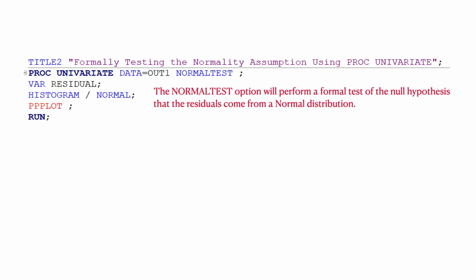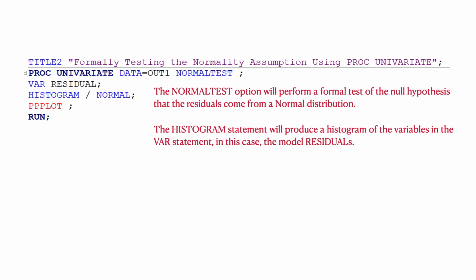The NORMAL option on the invocation of PROC UNIVARIATE tells it to perform a formal test of the null hypothesis that, in this case, the residuals come from a normal distribution.